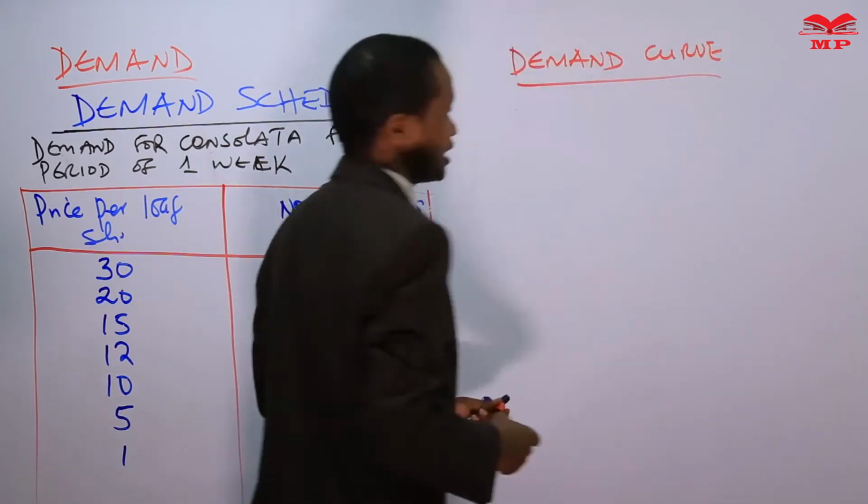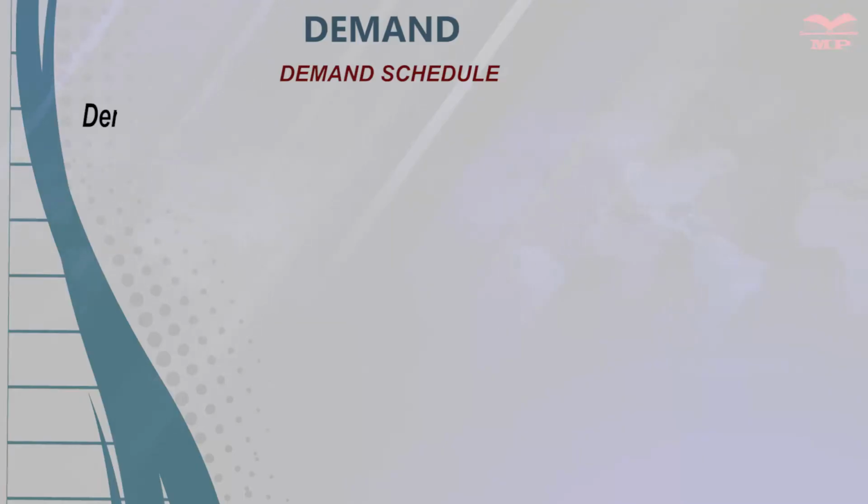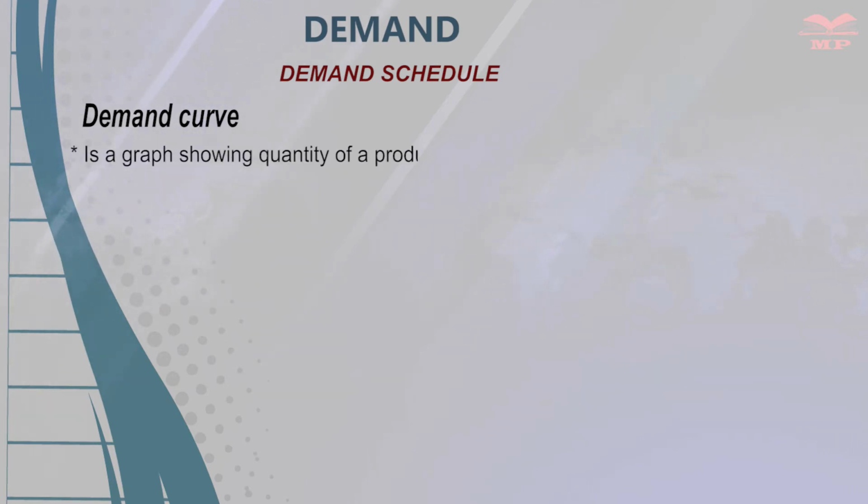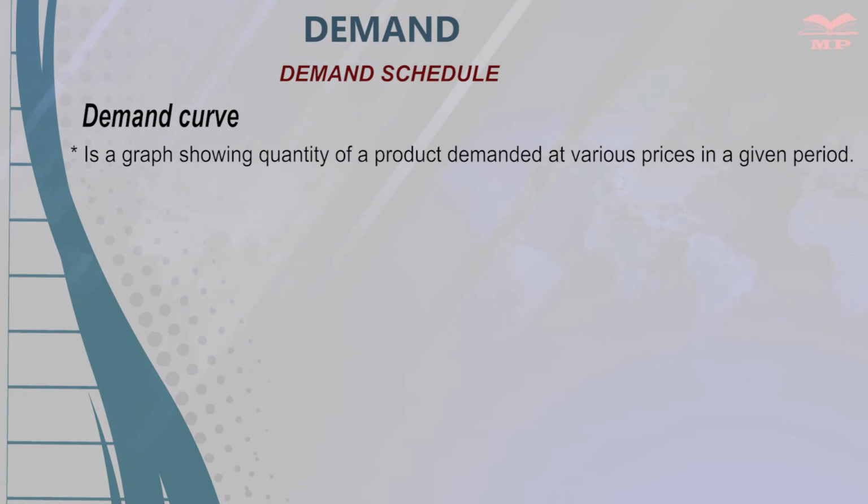Demand curve. What is a demand curve? A demand curve is a graph showing the quantity of a product demanded at various prices in a given period.